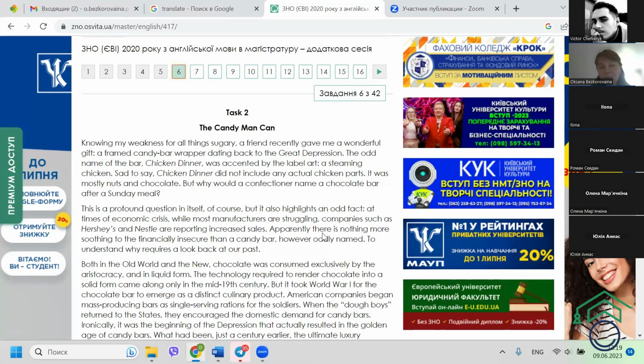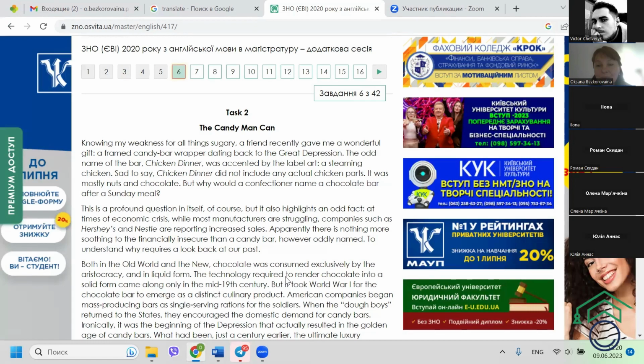Apparently, there is nothing more suiting to the financially insecure than a candy bar, however oddly named. To understand why requires a look back at our past. Так. Is there the answer?